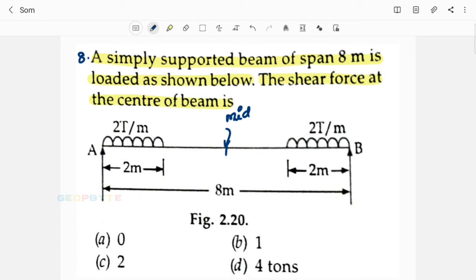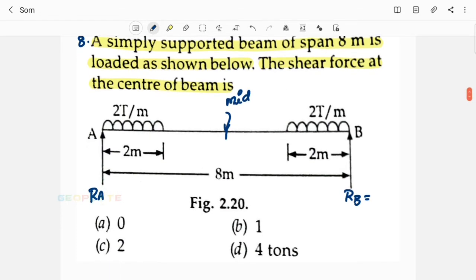For that, let us have some simplification. Let RA be the reaction at A, RB be the reaction at B. Here RA and RB both will be equal because the beam is loaded with two UDLs of equal magnitudes and with equal distances.